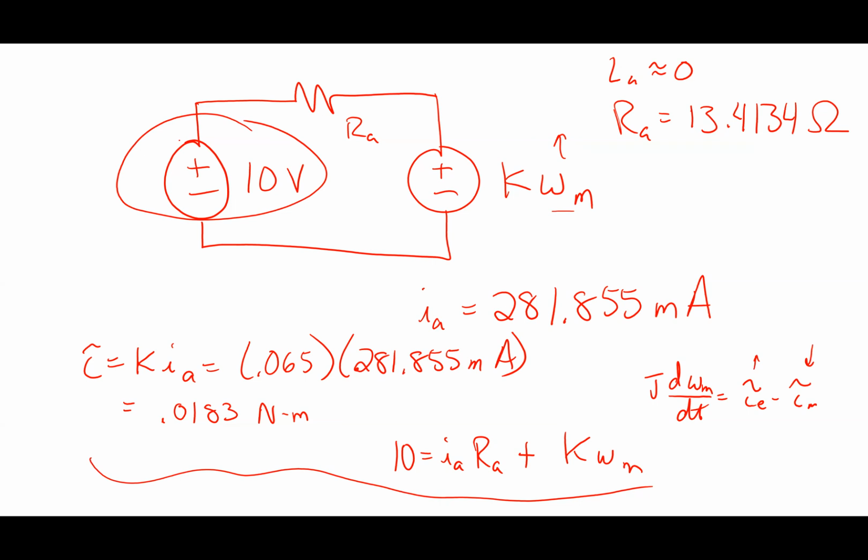I need feedback because I would need to sense that the speed changes, and on the basis of my measurement of the speed change, I'd have to increase this voltage. What's a good way to make a voltage source that can increase itself and decrease itself? Potentiometer is the simplest way to think of it, right? But it's a really inefficient way to do it because I have to basically burn up power in a resistor. So the best way to do it really is to make use of transistors and use some power electronics.